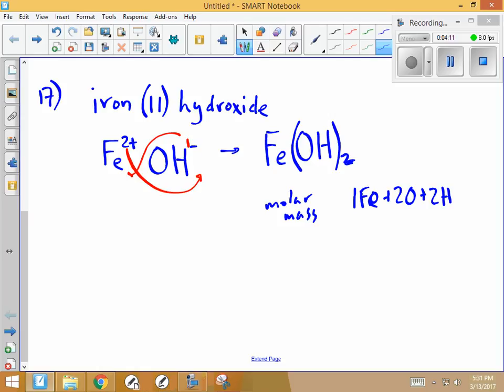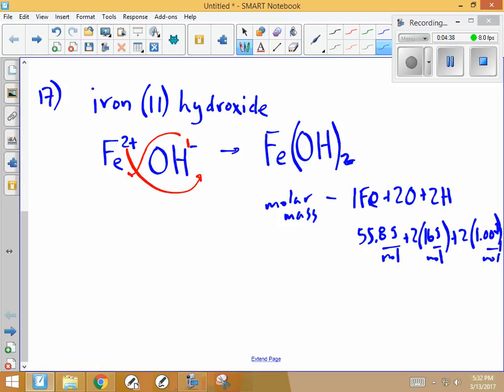Iron has an atomic mass of 55.8 grams per mole, plus 2 times 16 grams per mole for the oxygen, and 2 times 1.00 grams per mole for the hydrogen.